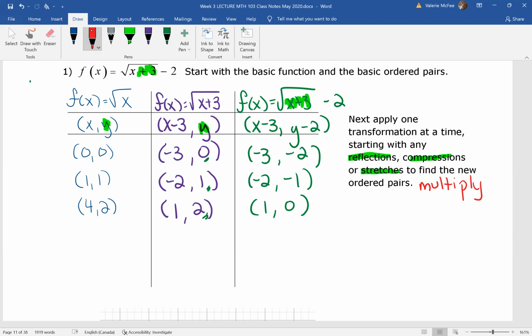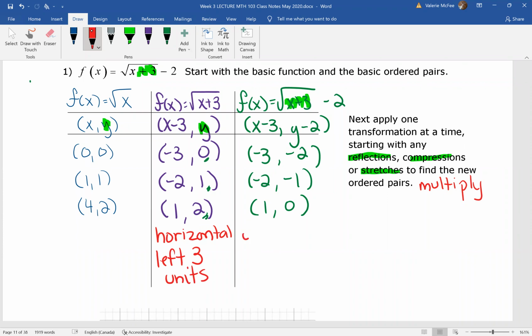When we have that change on x, the x plus 3 under the square root sign, we know that this is a horizontal shift. In which direction? Left 3 units. And then what about the minus 2?